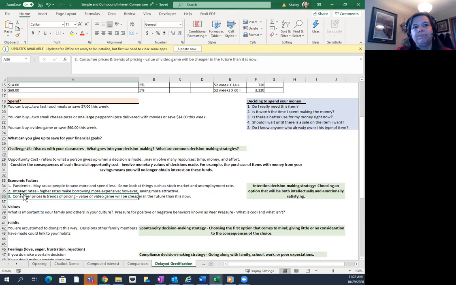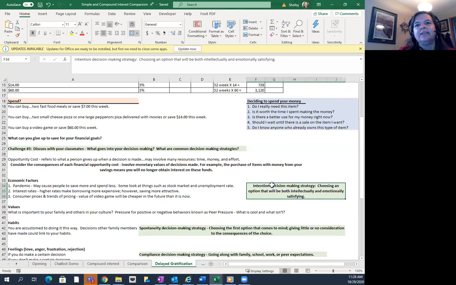So a lot of times people don't want to borrow during that time. But however, saving is more attractive because you're going to gain more with those interest rates. As you could see, when I increased the interest rate, you made more money that way. And off to the green off to the side are some of those strategies.